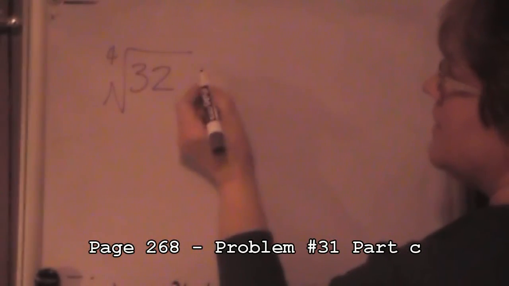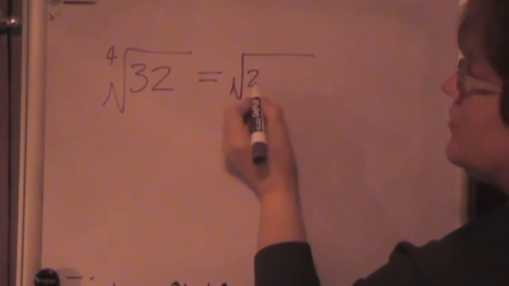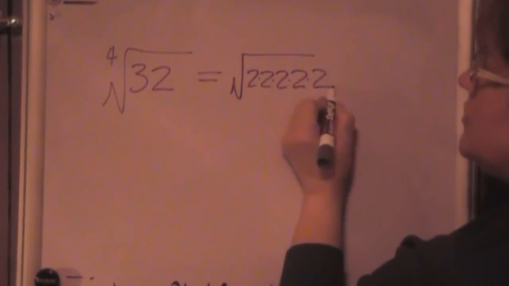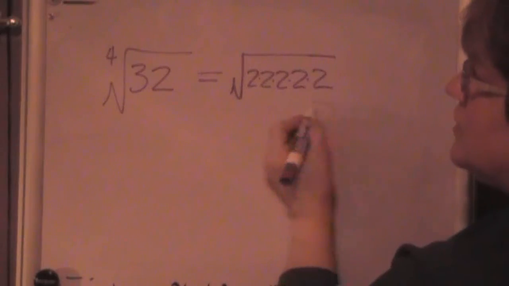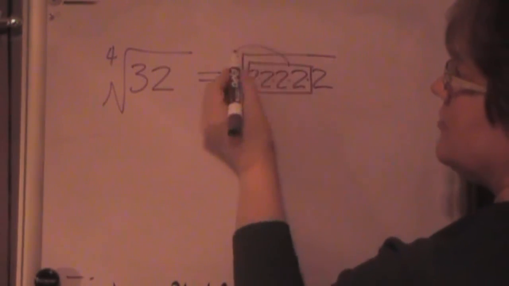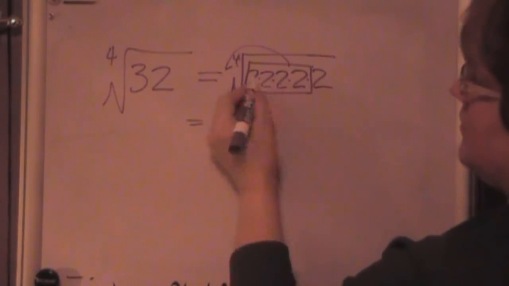Again, our index at this time is 4. So I'm going to break this up into 2 times 2, 16 times 2 is 32. And I'm looking for 4 things exactly alike in here to bring out 1. Again, that's the 4th root. I forgot to write that out there.